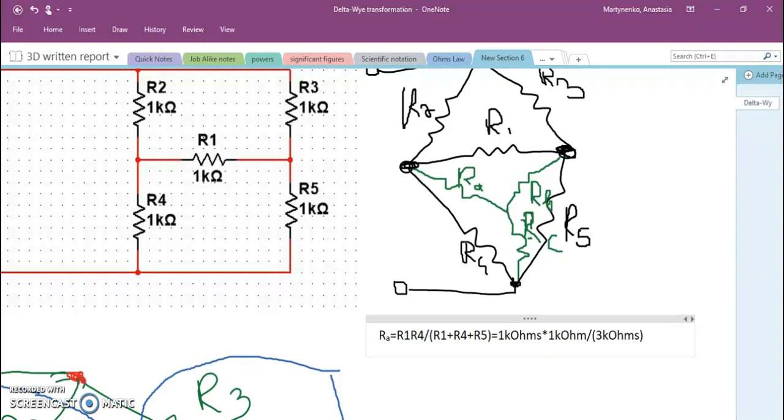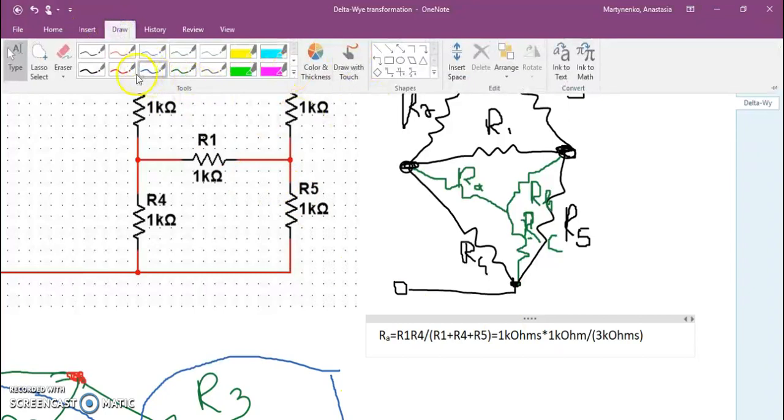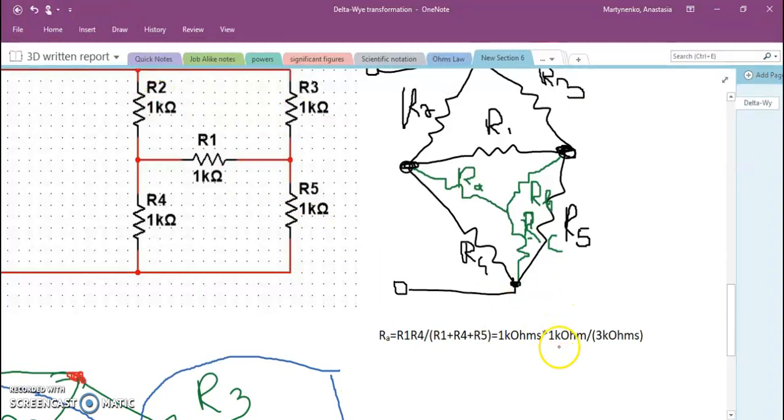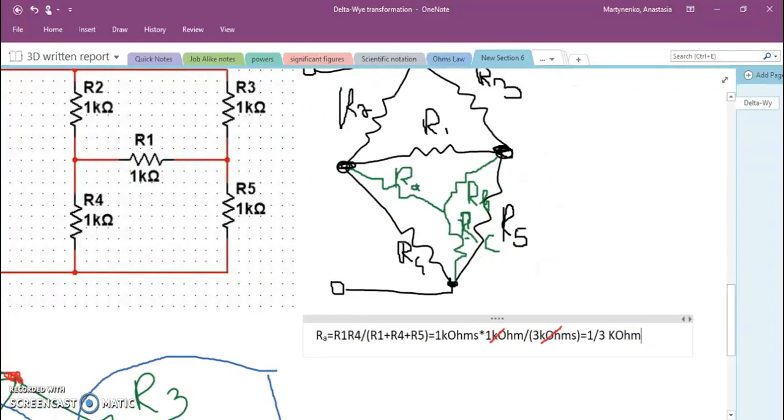But my top and bottom are going to cancel out. One of my K's is going to cancel out, so I can just do that. So let's say this K ohm and this K ohm will cancel. So I'm just going to have 1/3 K ohm. Okay. Well, let's see what that is. So this equals 1/3, and this is K ohms.